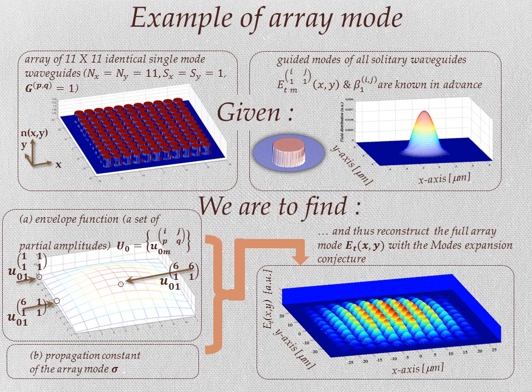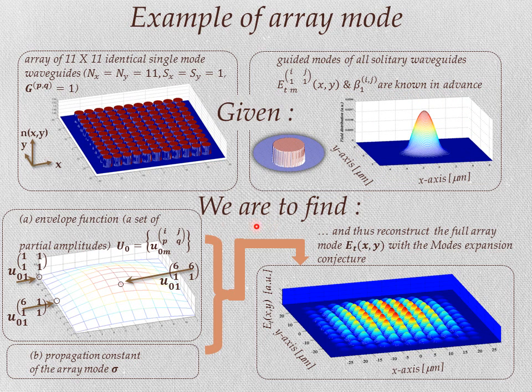Let me show you an example of an array mode. Consider an array of 11 by 11 identical single mode waveguides. In this case, nx equals ny equals 11, sx equals sy equals 1. Guided modes of all solitary waveguides and their corresponding propagation constants are known in advance.